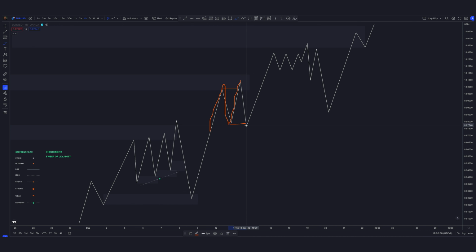bearish CHoCH. So because of the fractal break, we would have our demand here, correct? But because there was no inducement, remember, like I showed you guys, there was no inducement to this area here.